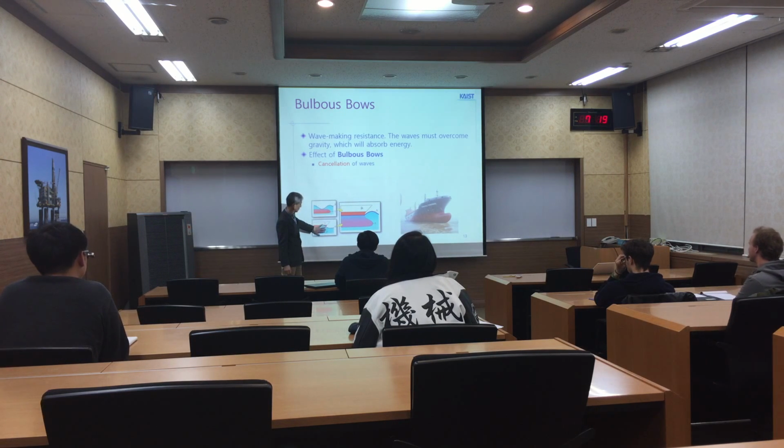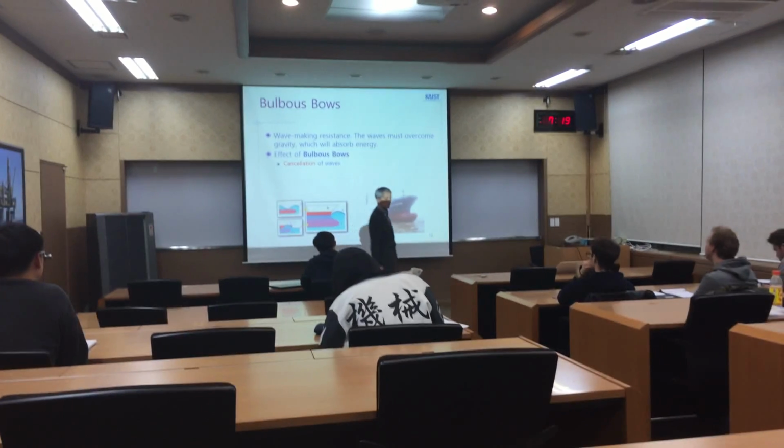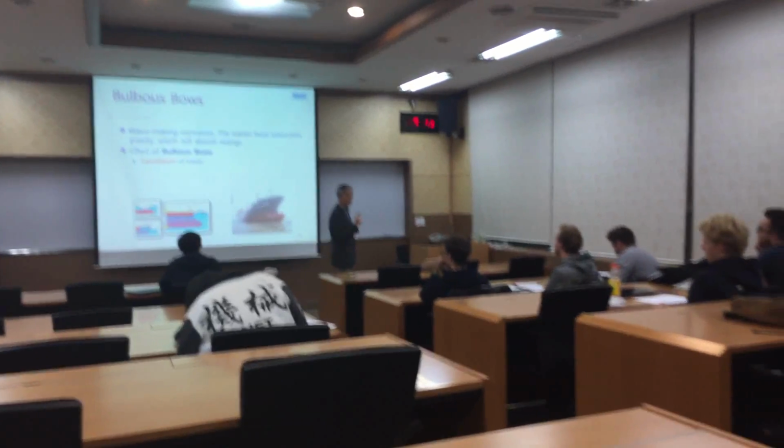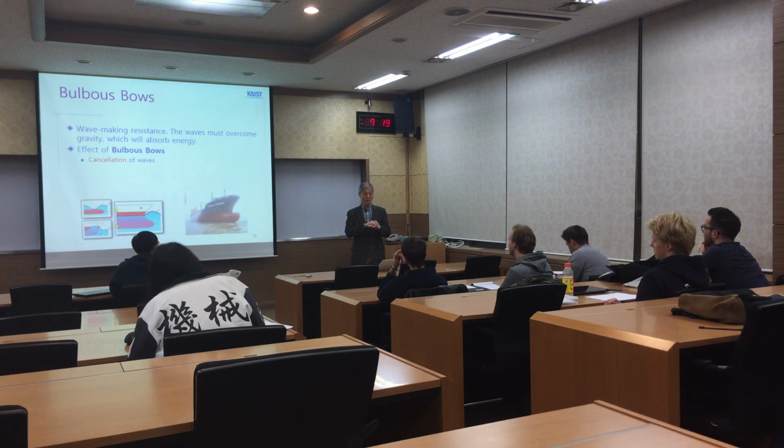Right? Normal shape without bulb. So the waves coming from these two portions can cancel each other. That is the idea. But it's not easy, because for the design condition, you can match and create such an ideal state.